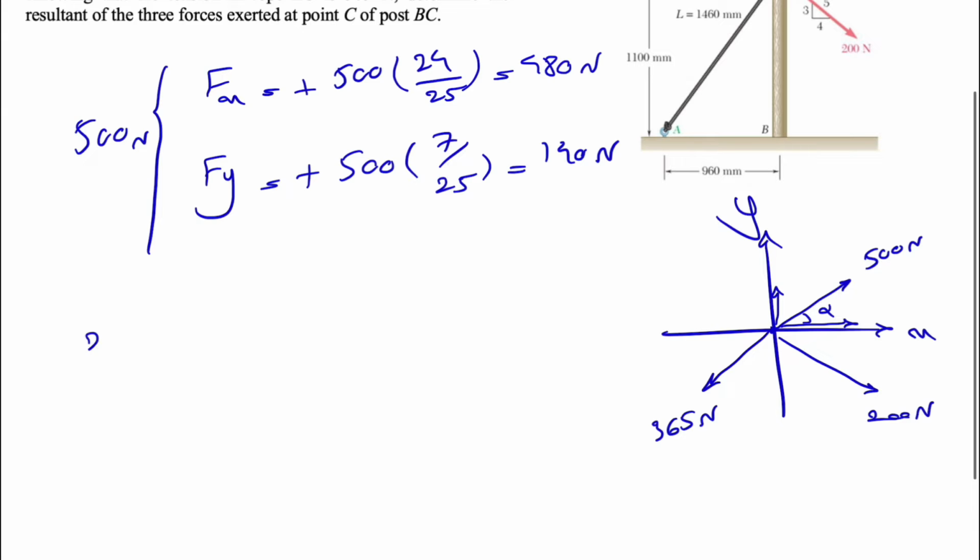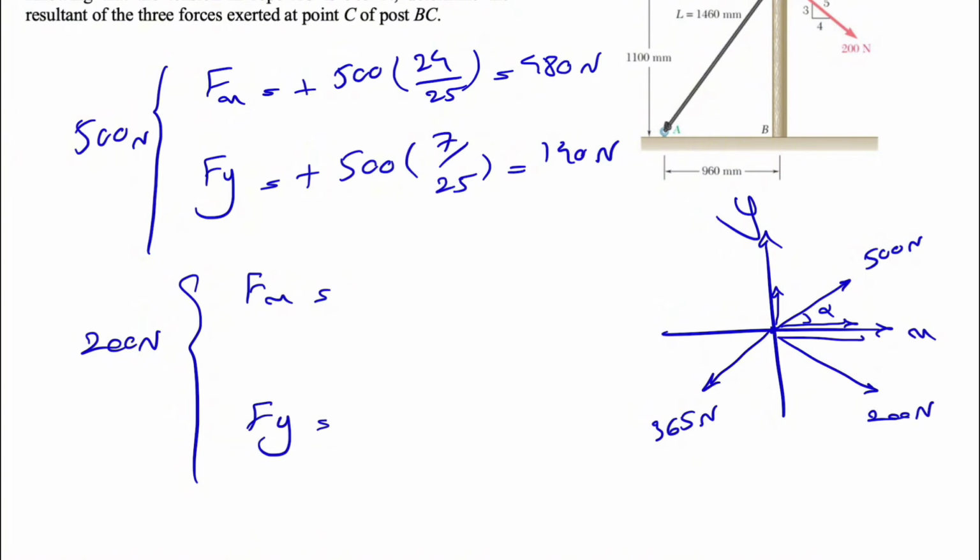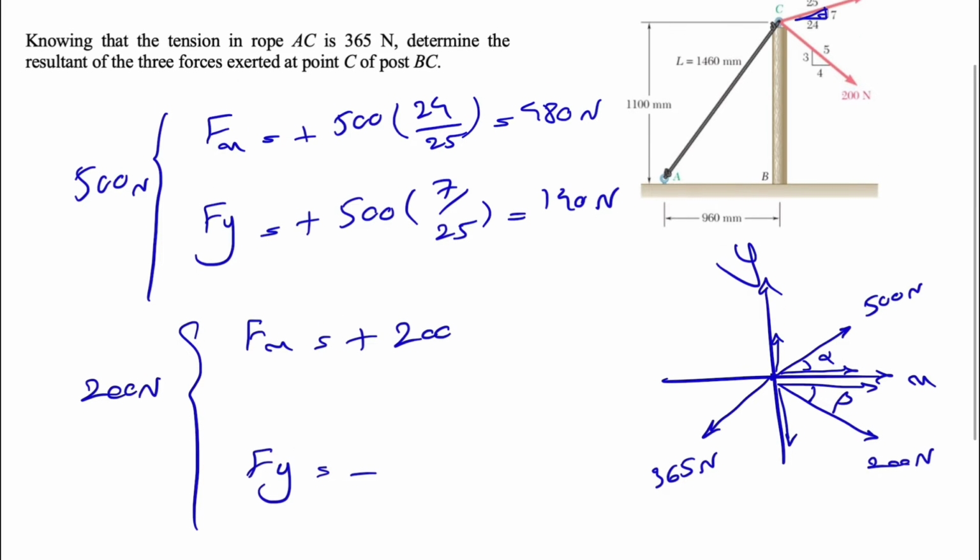Let's go to the 200 Newton force, so the Fx and Fy. Fx for the 200 will be this one, and this will be our Fy. We know that Fx is positive and Fy is negative. If we call this angle beta, which is this angle in this 3, 4, 5 right triangle, we'll have 200 times cosine of beta.